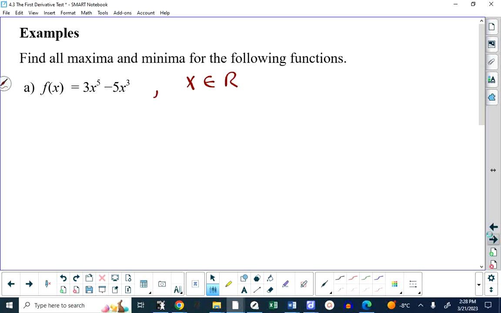The derivative is quite simple to find. I'm going to use the dy dx notation here. It's 15x to the 4 minus 15x squared. And we want to do all of our factoring now to decide what the critical values of x are. So we're going to factor this.